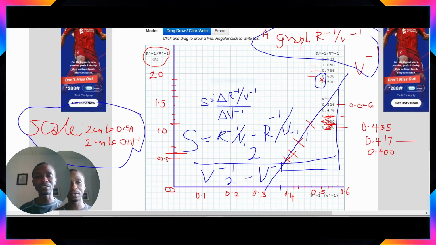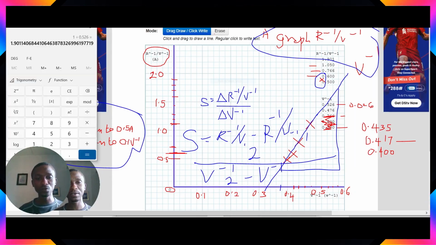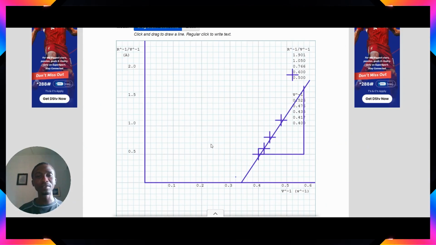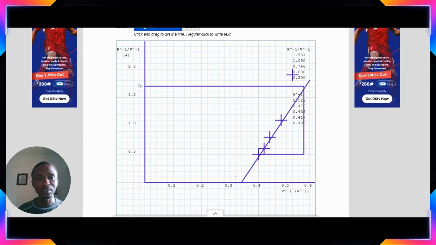Then to get your slope, to get the values of your V2 and V1, look at the maximum value here. This point is your ratio 2, that is your R inverse over V inverse 2.